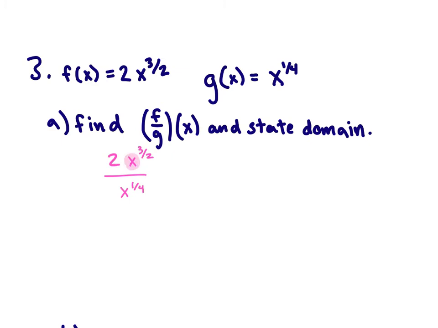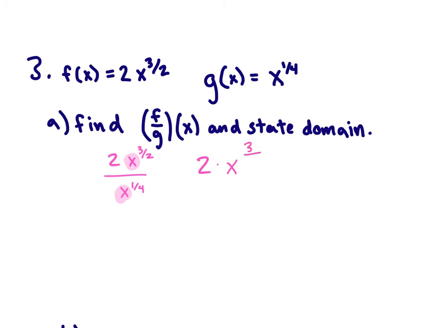Since our bases are the same, can we combine these? Can we combine the x's? No. Why? Because the base is not the same? Oh, sorry. Yeah, we can. So we have 2 times x. And then we're dividing, so how do we combine these together? Subtract.